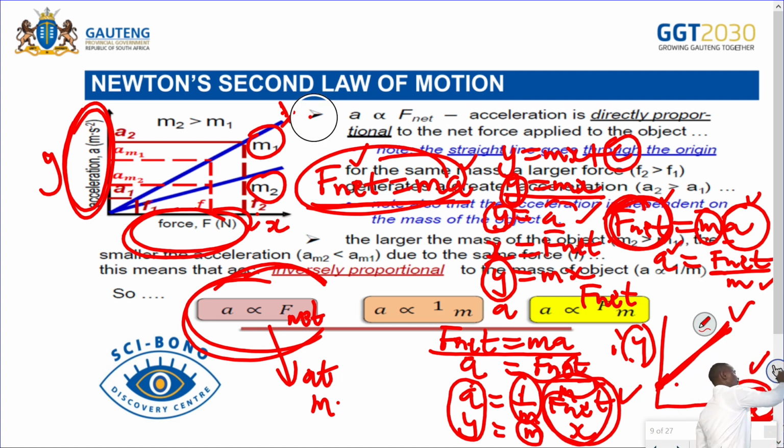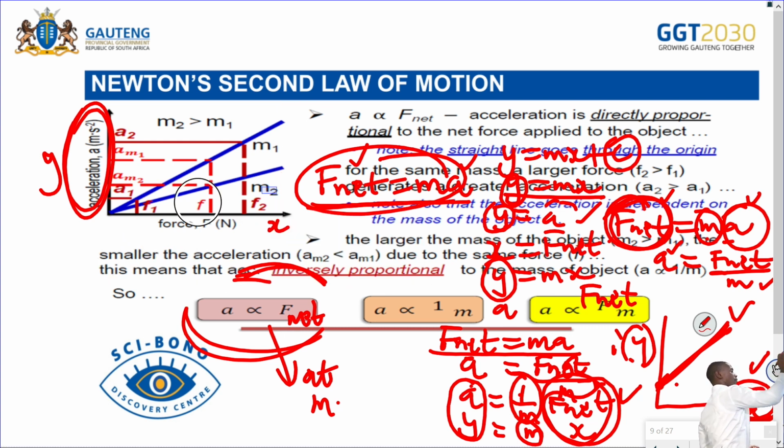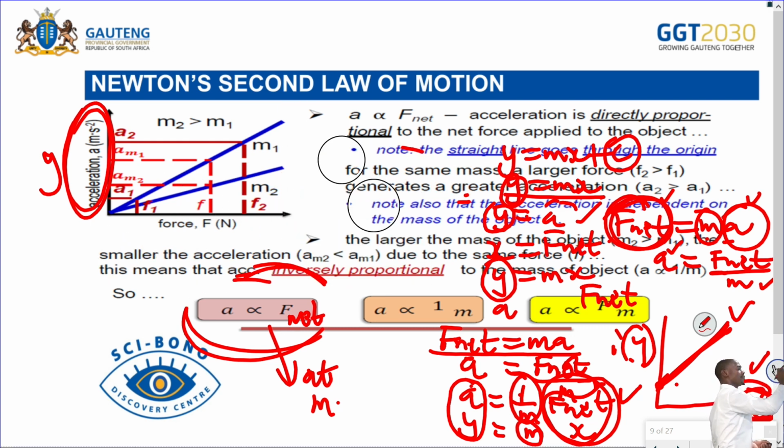So the equation of both graphs is not F net, but it's A equals 1 over m times F net. Okay? This is y equals mx.